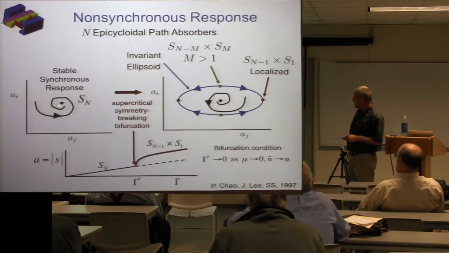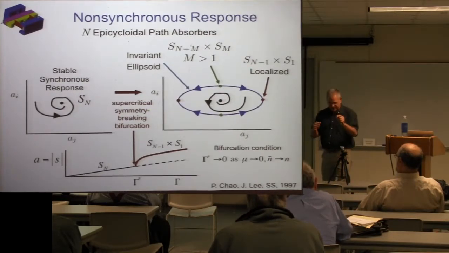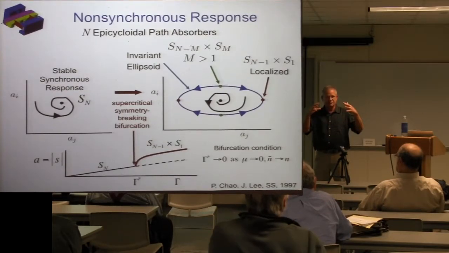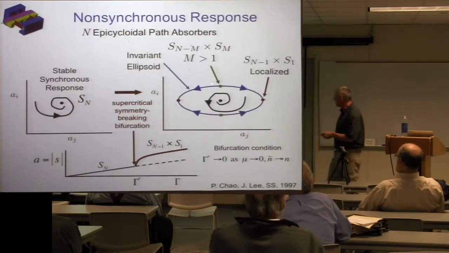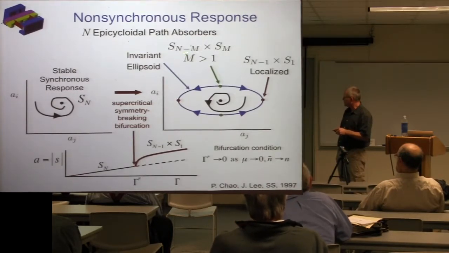But essentially, what happens is you can prove in that case that the bifurcation is a supercritical bifurcation, and then this point in the space of absorber amplitudes throws off an invariant ellipsoid. And at the vertices of the ellipsoid are all of this class of responses with this class of symmetry.